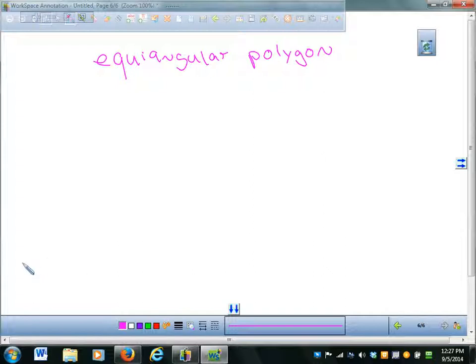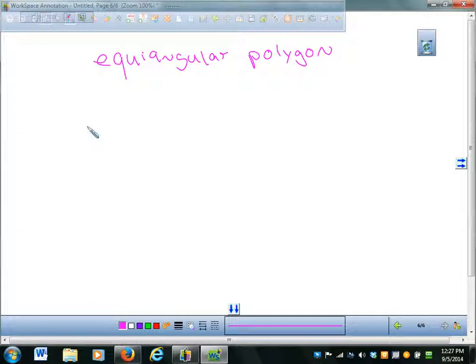What is it? Anyone want to guess? Would it be all the angles are the same? All the angles are the same. Can anyone know what an equiangular polygon would look like?